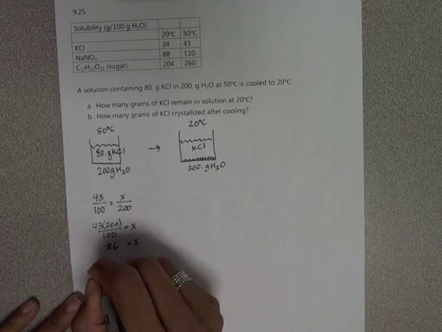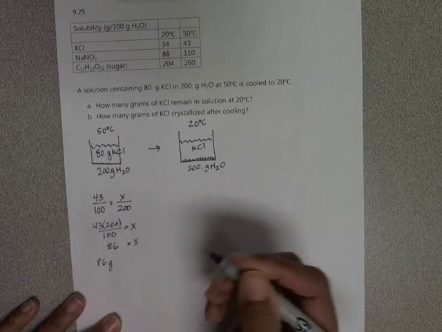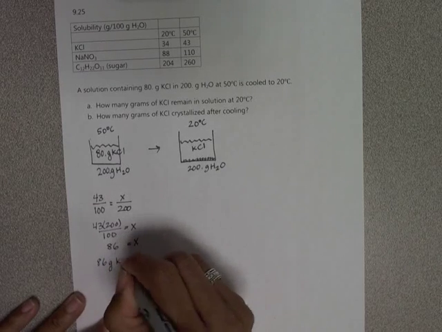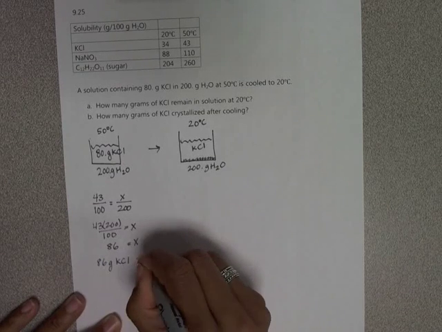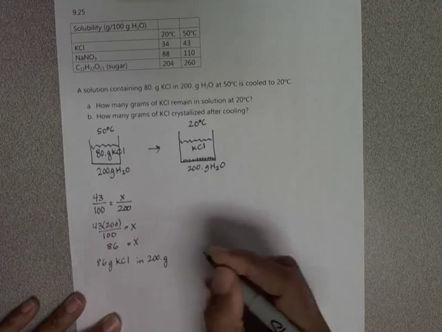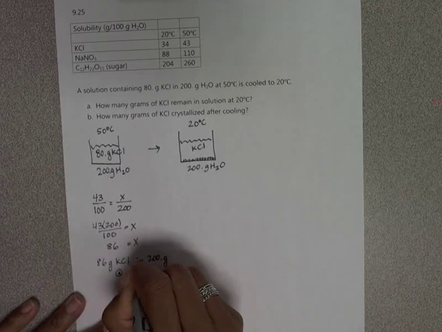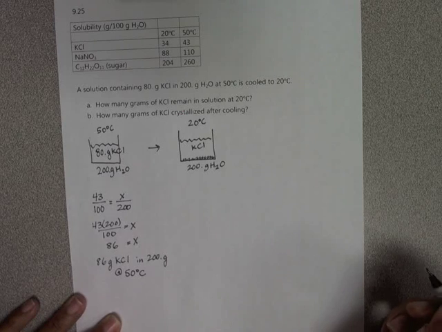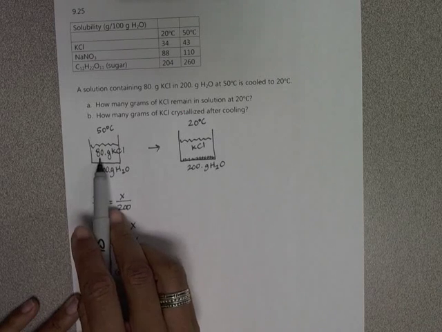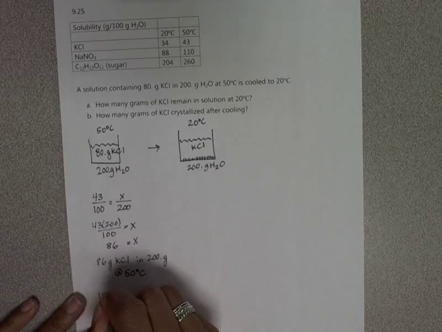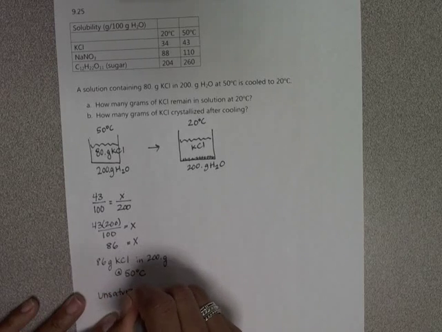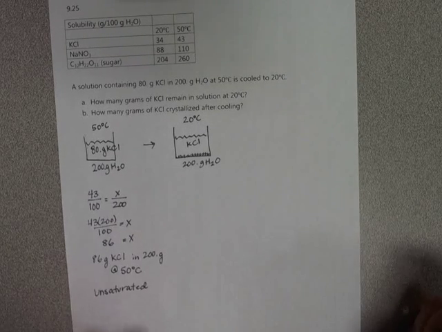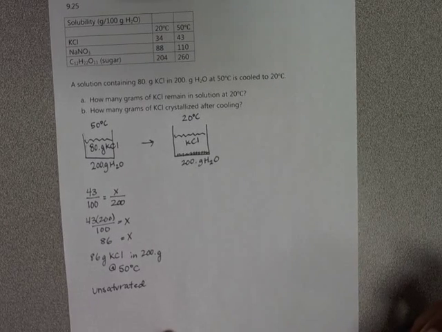That means 86 grams of potassium chloride can be dissolved in 200 grams of water at 50 degrees C. I have only 80 grams. So this is an unsaturated solution at 50 degrees C. I could actually add another 6 grams of potassium chloride.